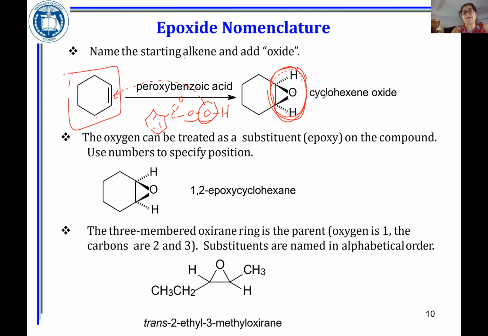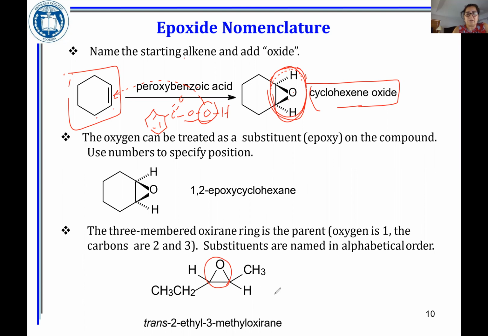So if you say cyclohexene oxide, that's one way of naming the epoxide. You could also name this as just an oxirane.